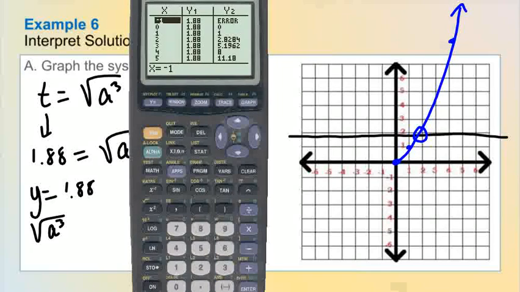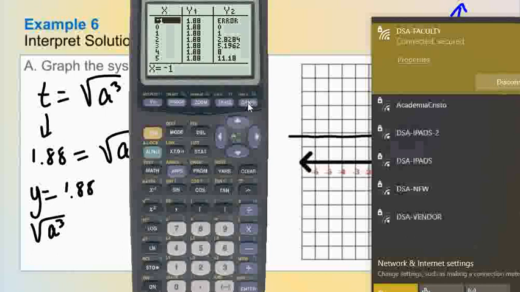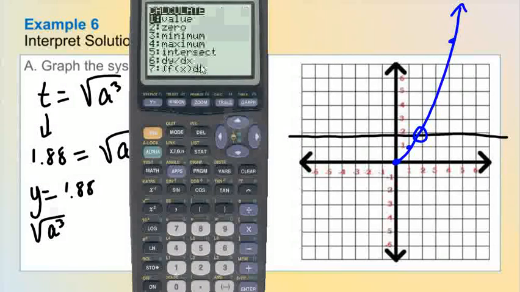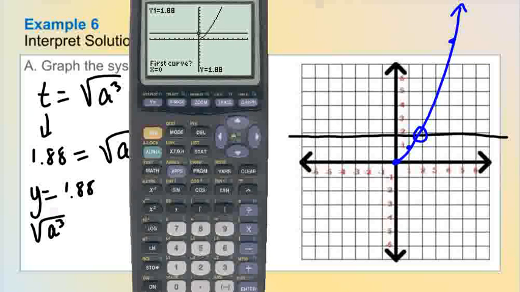So if I go back to my graph here, do second, trace, need to find the intersection, number 5, hit enter 3 times, and it tells us 1.52 is roughly where they meet, so that would be 1.52.